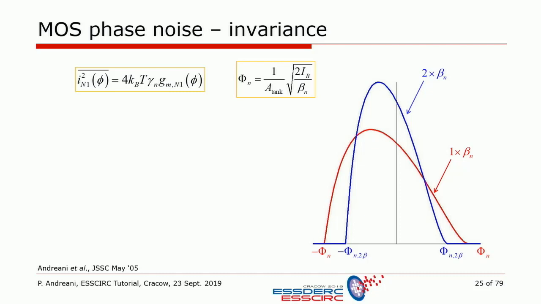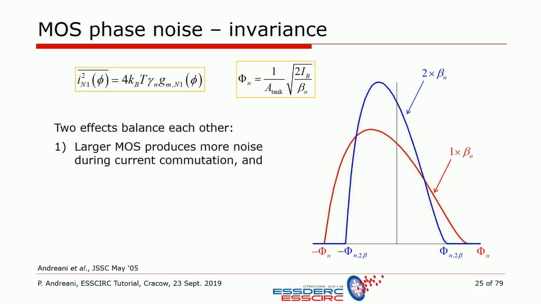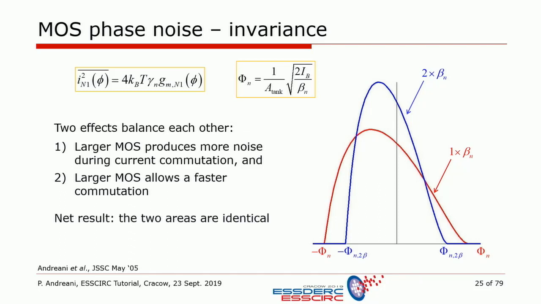So the current noise, and here is basically the commutation time, or phase if you want. And as you can see here, if you double the gain factor of the transistor, obviously you increase the peak noise generated by the transistor, but you also shorten the commutation time. And the bottom line is that the two areas are identical.